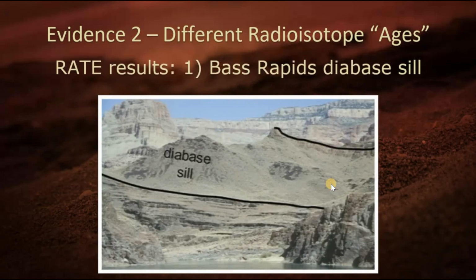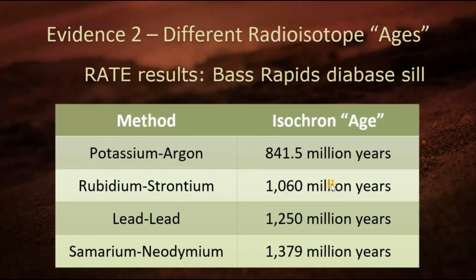So let's review 4 rock units they tested. Here is a diabase sill from the Grand Canyon. This molten rock was squeezed like toothpaste between sedimentary rocks and is called a sill. The rocks are a diabase, which is like a basalt. And RATE sent them in and did 4 tests.